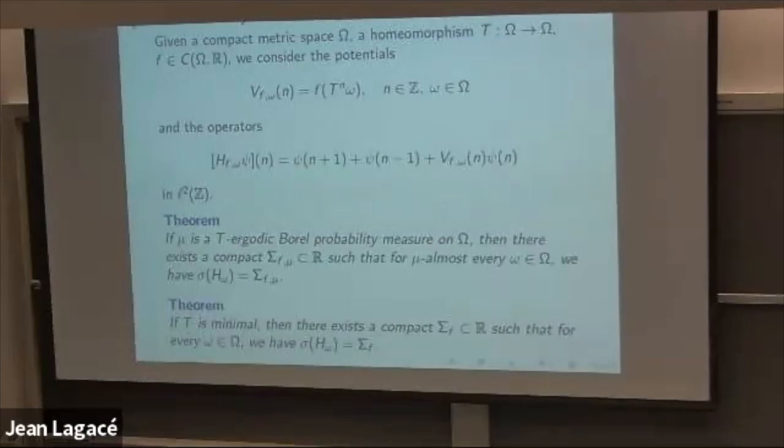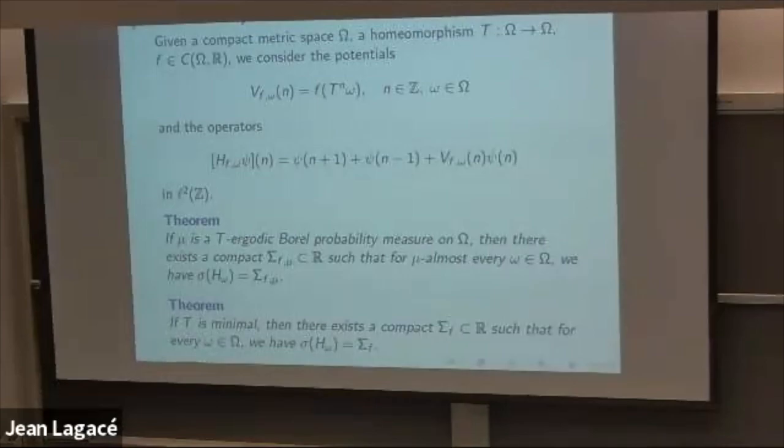In some sense, before even looking for ergodic measures, you should ask yourself whether orbits are dense. T is called minimal if every orbit is dense. The orbits are these sets of points T to the n omega, as n varies. If this is a dense subset of omega, then you can approximate anything you want. And again, the spectrum has a semi-continuity property, so the limit spectrum will be contained in the approximating spectra.